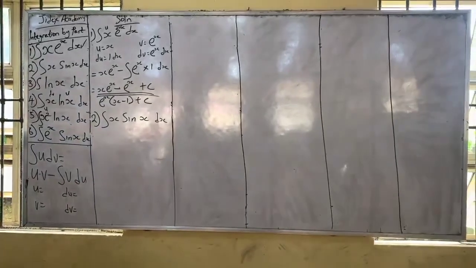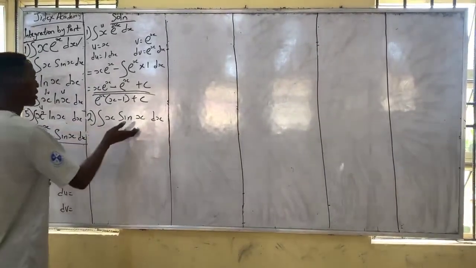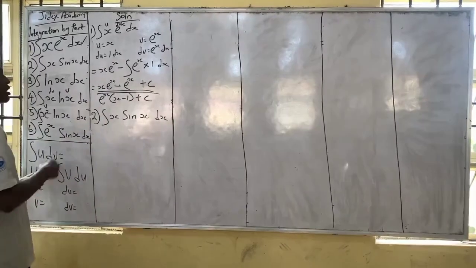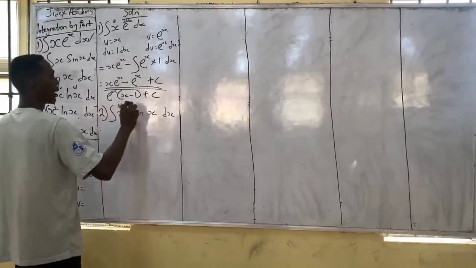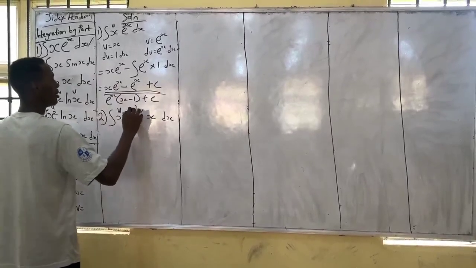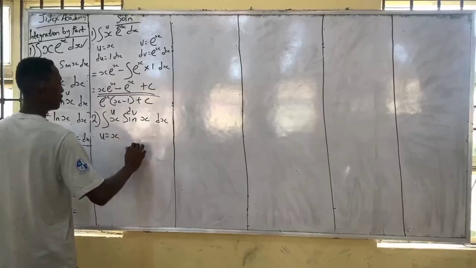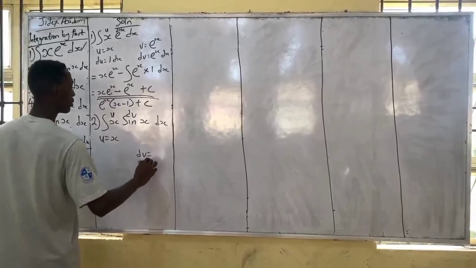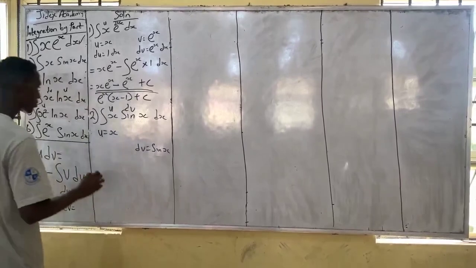You can do it in any other easier way possible. But in this context, both are easy to integrate, so you can just pick any one. Let's still use our standard format. Our u is equal to x. Our dv is equal to sine x.